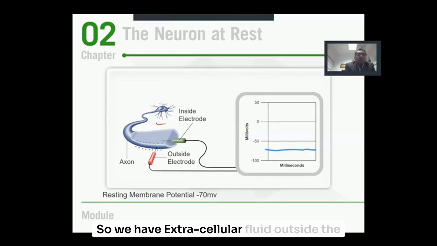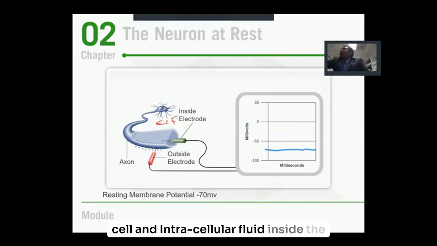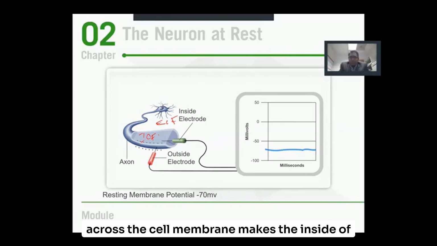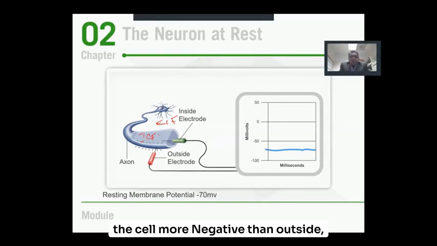So we have extracellular fluid outside the cell and intracellular fluid inside the cell. And there are ions inside and outside the cell, like sodium ions, potassium ions, proteins, and the way these are distributed across the cell membrane makes the inside of the cell more negative than outside, so that the potential difference at resting phase, when the neuron is not carrying information, is negative 70 millivolts.